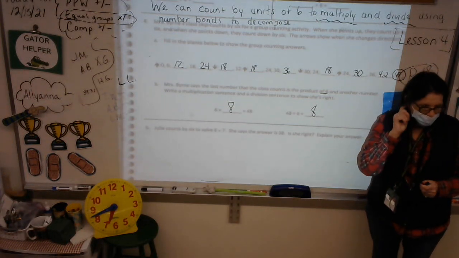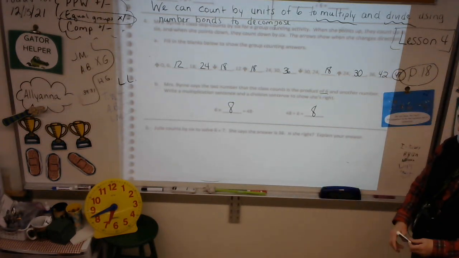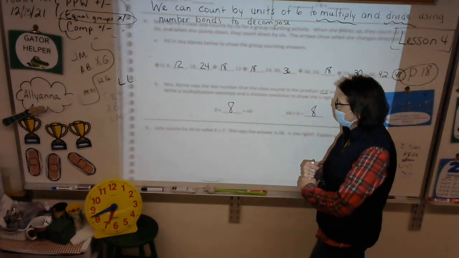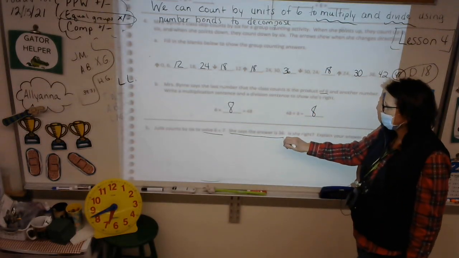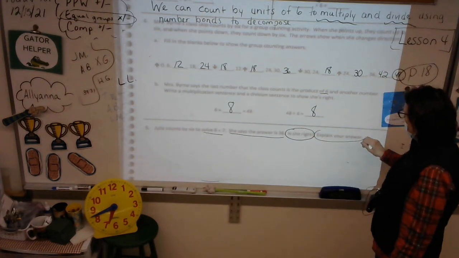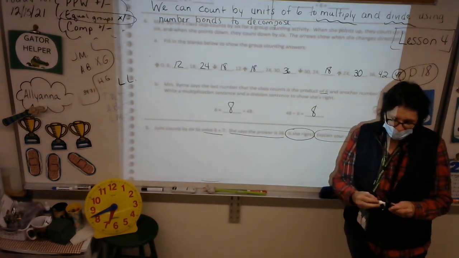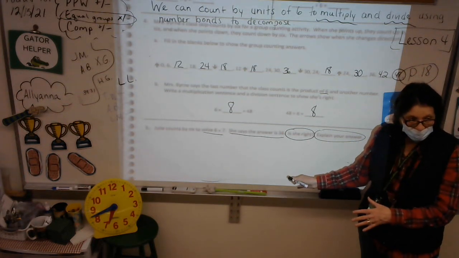Okay, one more problem. Julie counts by 6 to solve 6 times 7. She says the answer is 36. We have to answer, is she correct? And explain. The only way you're going to know whether or not she's correct is for you to do your own skip counting.